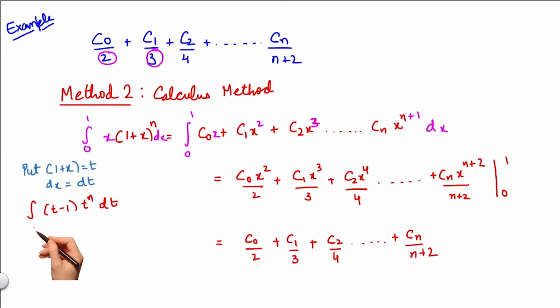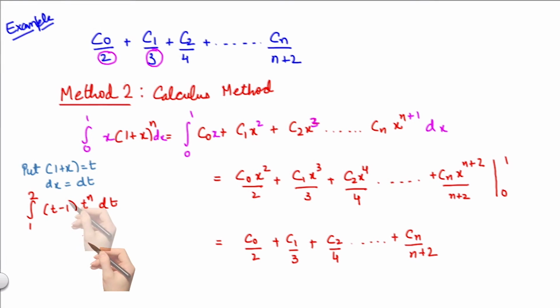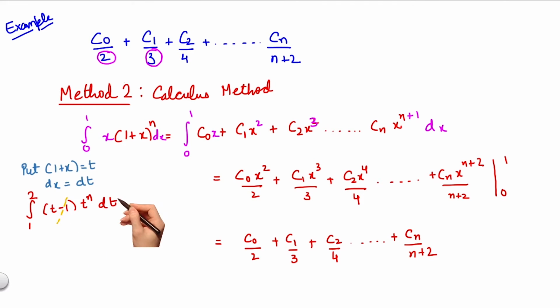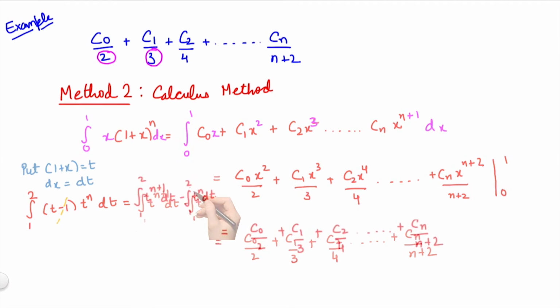For x equals 0, t equals 1, and for x equals 1, t equals 2. Now I can split this across the minus sign to get two different integrals, integration of t to the power n plus 1 dt minus integral of t to the power n dt, both from 1 to 2.